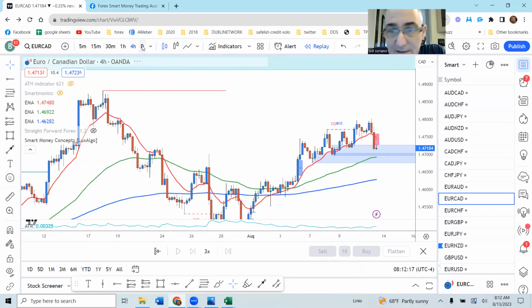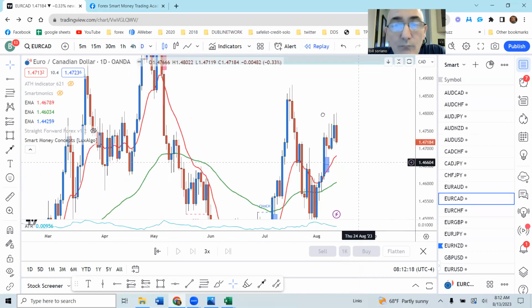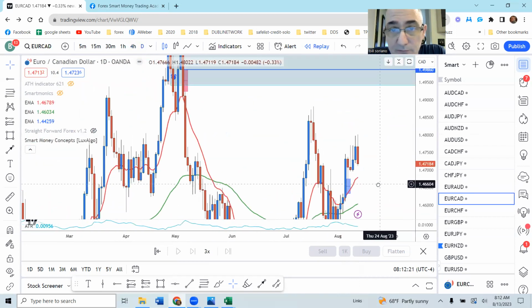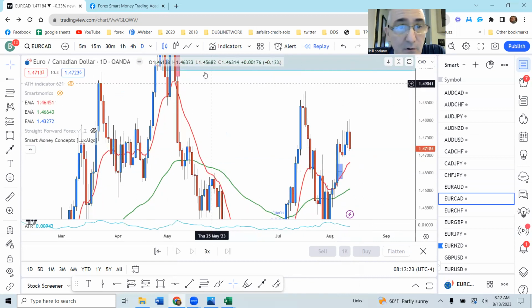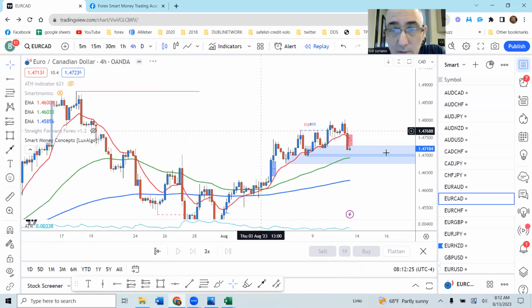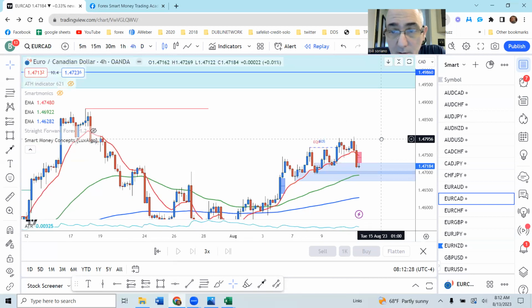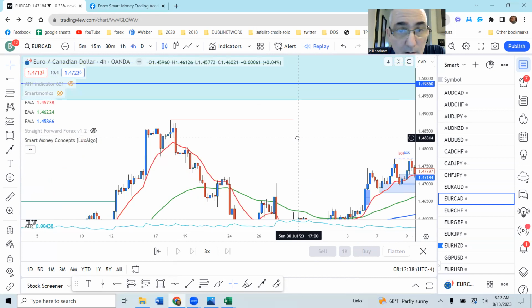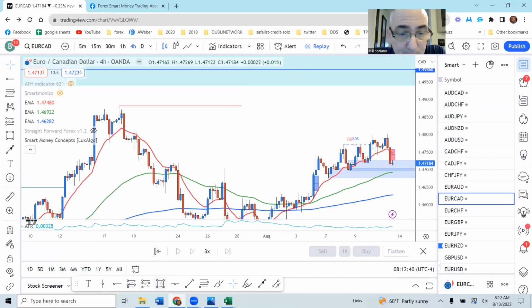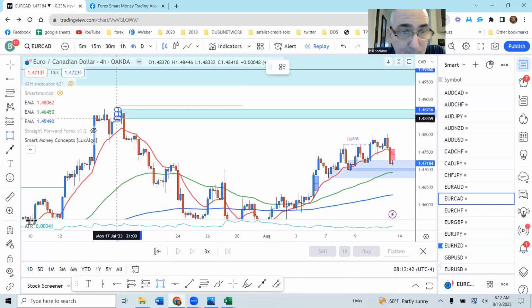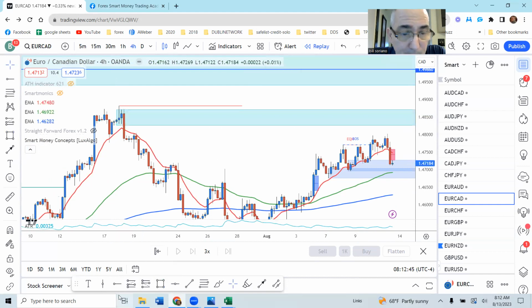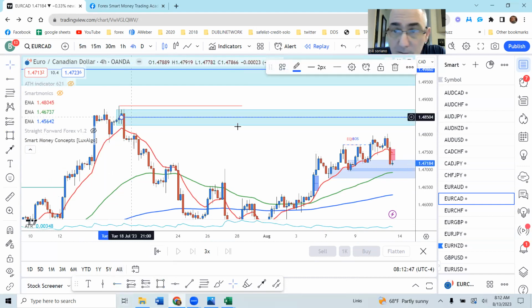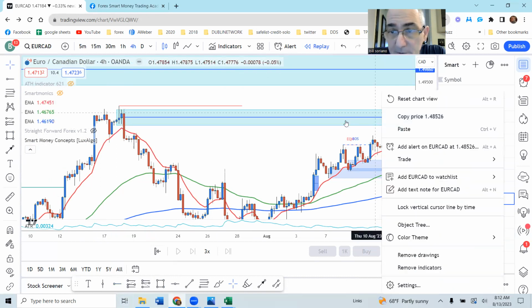So EURCAD, if we're saying that this is bearish order flow, then on the 4-hour, we would need to mark up this area right here. So that's actually where we're looking for price to come to.